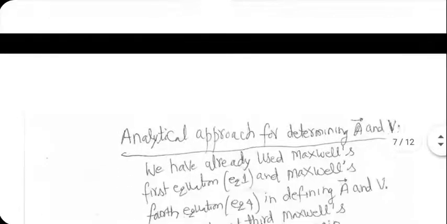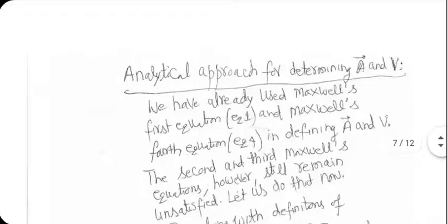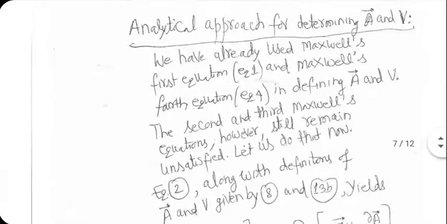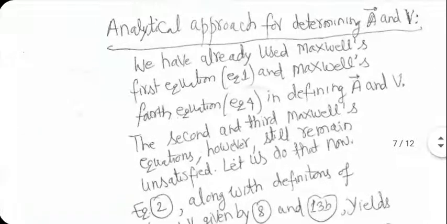Now, second approach is based on Maxwell's equations. Let's see what it does. If you recall the definitions of A and V, you will see that Maxwell's equation 4 was already employed.